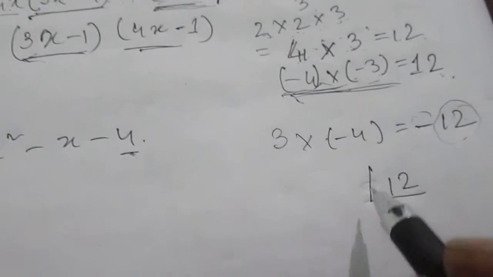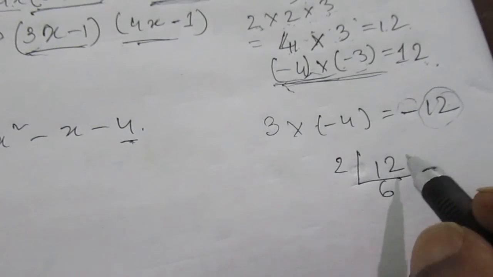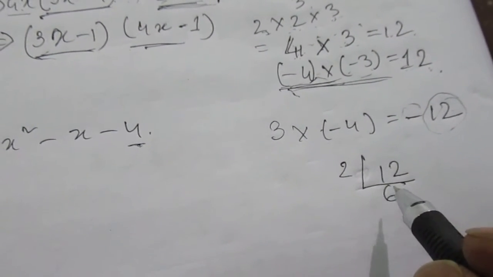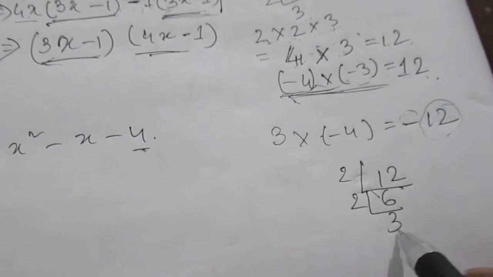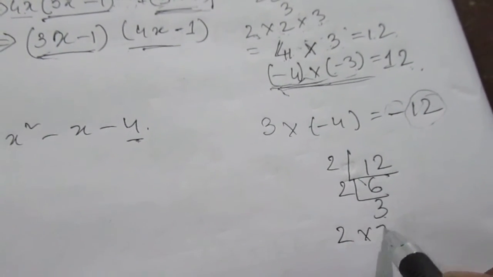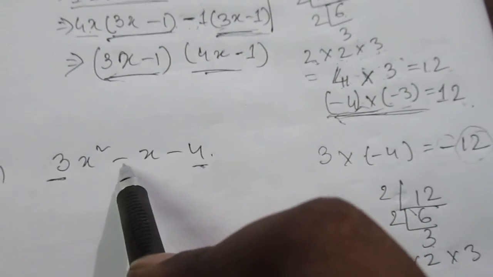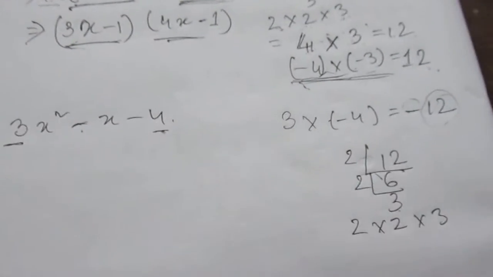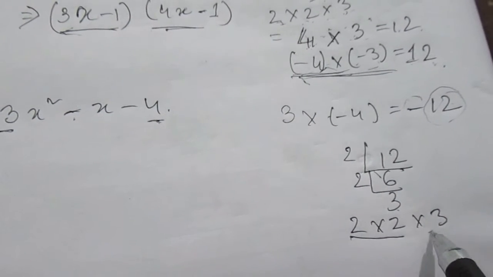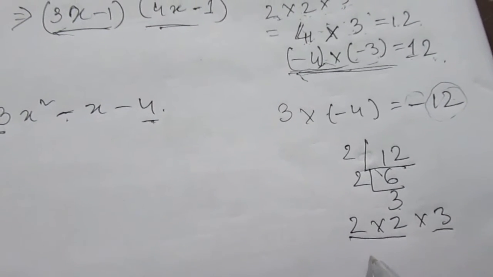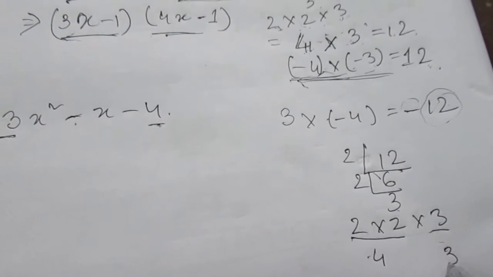Now we have to find the factors of 12. 2 sixes are 12, and 2 threes are 6. So the factors are 2 into 2 into 3. But here we have minus x, so how can we get it? I can take 4 here and 3 here.